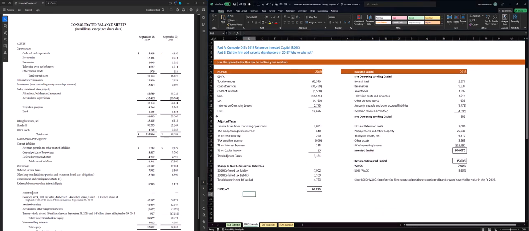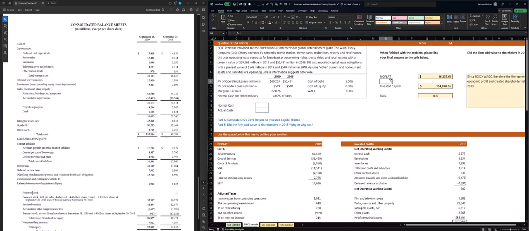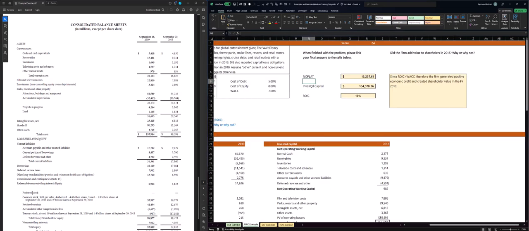It's actually really nice to learn how to do this. We learned that if you make more return than your cost of capital, you create economic profit. And therefore, Disney, with their assumptions, actually more than doubled the costs. All right, hopefully that helps.